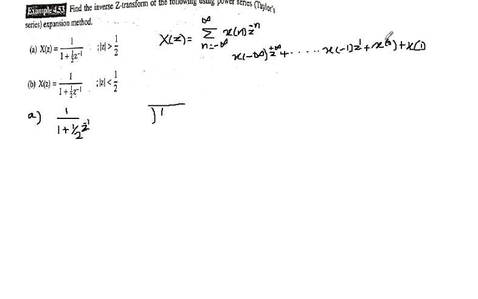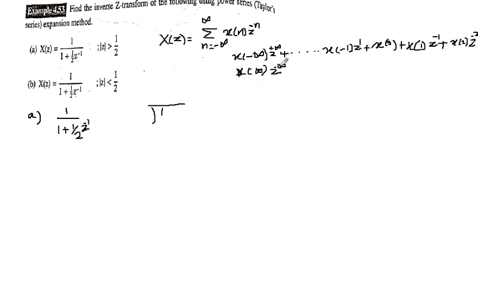When n is 1, we can write it as x of 1 Z raised to minus 1 plus x of 2 Z raised to minus 2, and so on. We can write at last x of infinity Z raised to minus infinity.